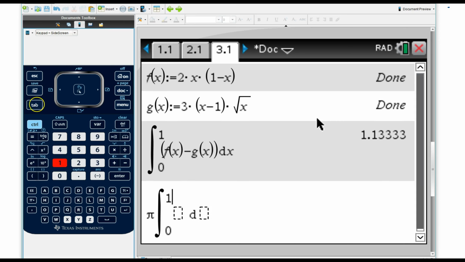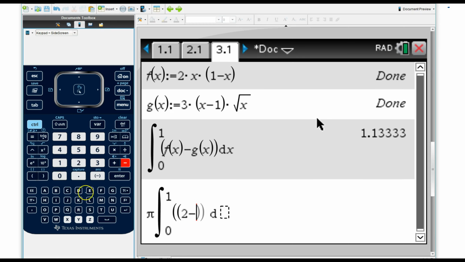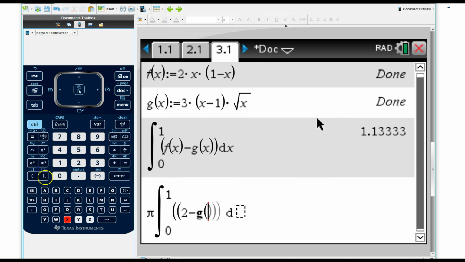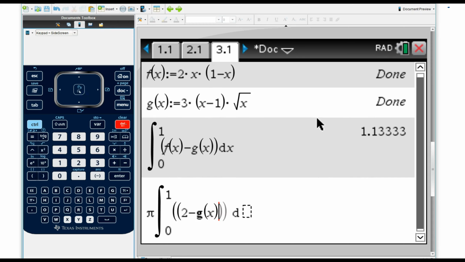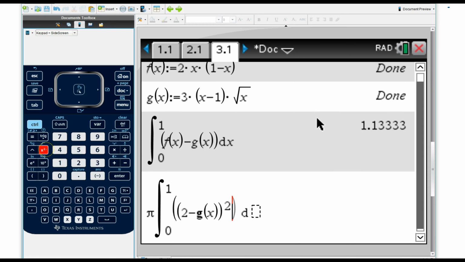from 0 to 1 of 2 minus g of x squared minus 2 minus f of x squared, and we're taking that with respect to x.